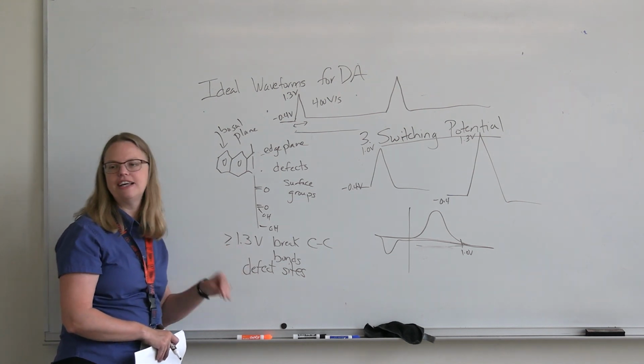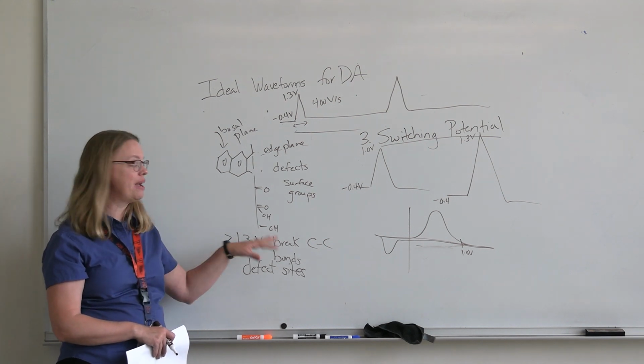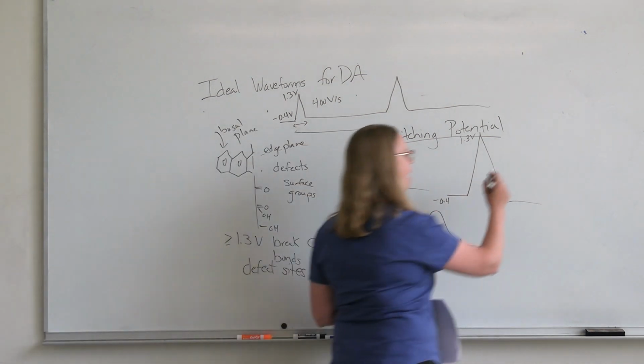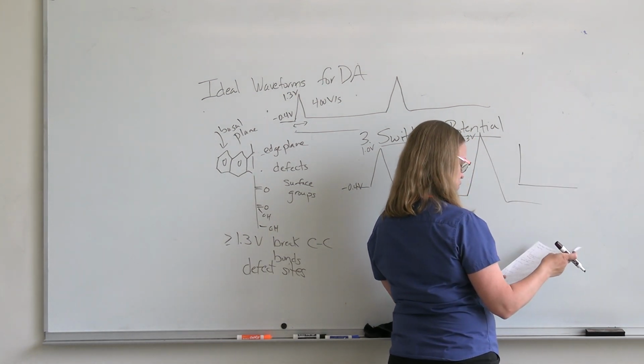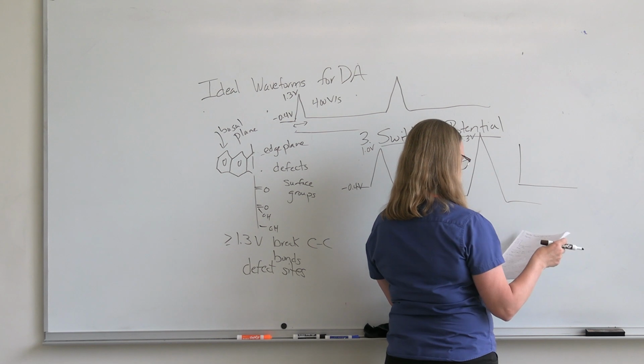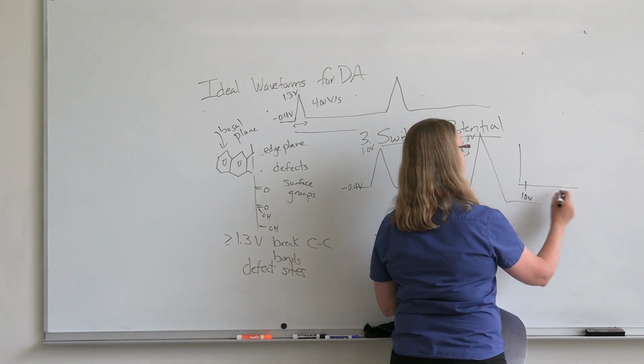The textbook says it shouldn't matter. You've got all the energy you need, and more isn't going to help you. It does matter. If you do the graph, it typically looks something like this, 1.0 volts.